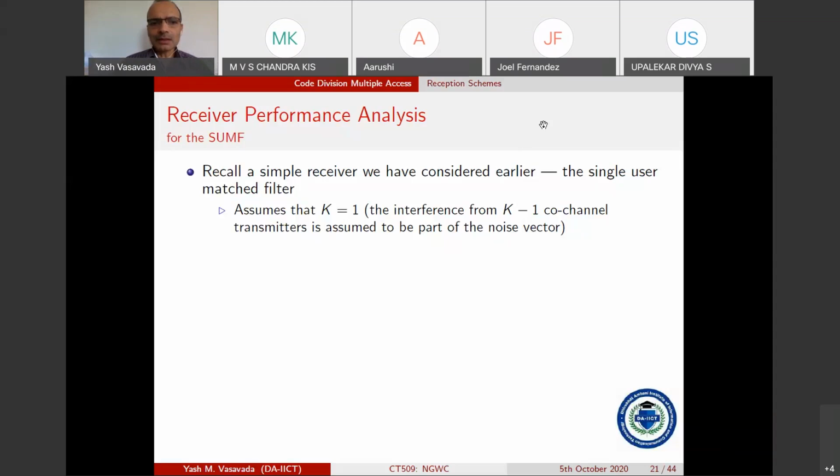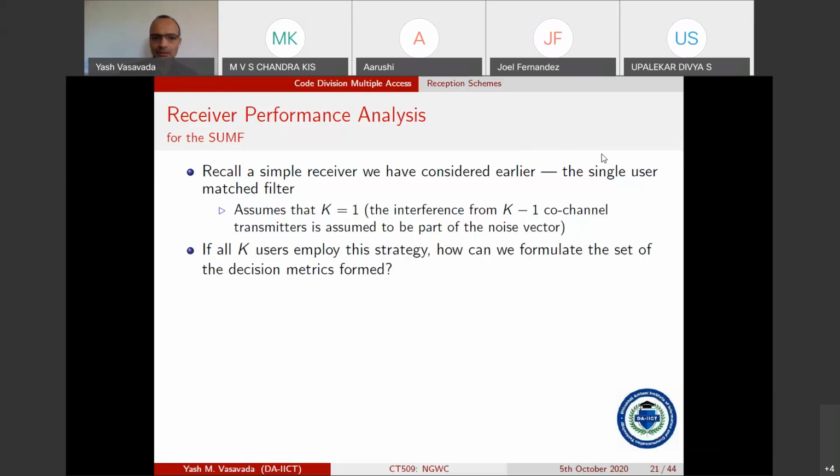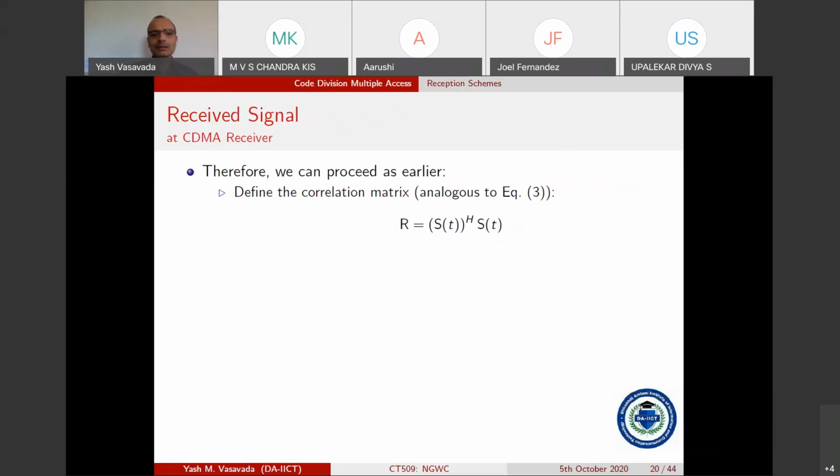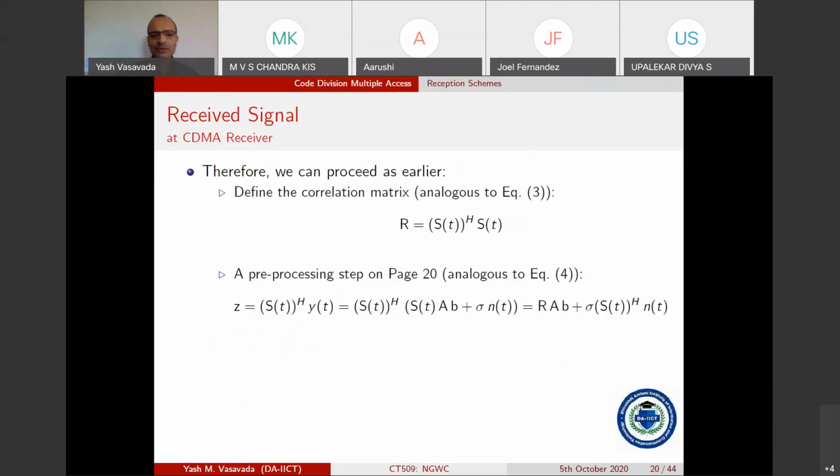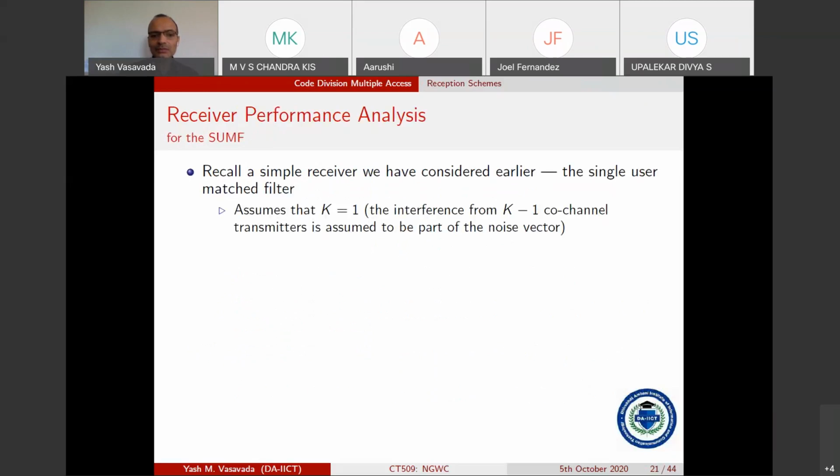So we'll look at the single user matched filter. And in that context, instead of doing this stepwise processing, suppose I perform single user matched filtering on y of t, the received signal, and I collect all the outputs of all of those single user matched filters.